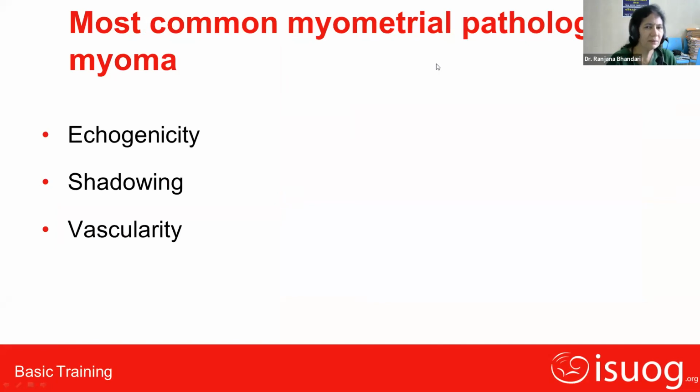So when we see a myoma, we have to write down in the report the number of myomas, because normally it is not a single entity, it comes in multiple numbers. We have to write down the location of myoma. Location of myoma can be written as submucous, intramural, and subserous.